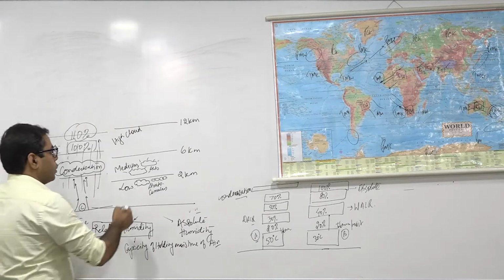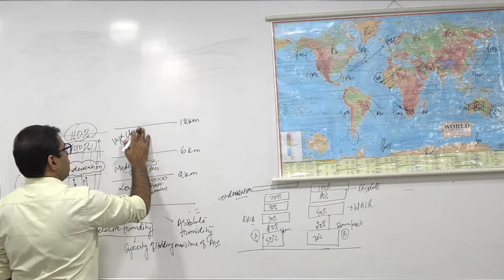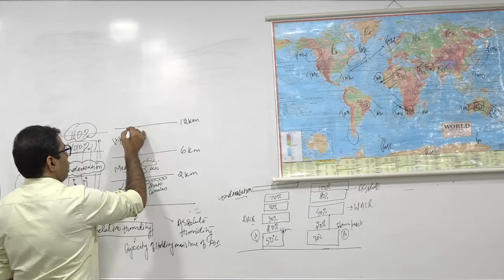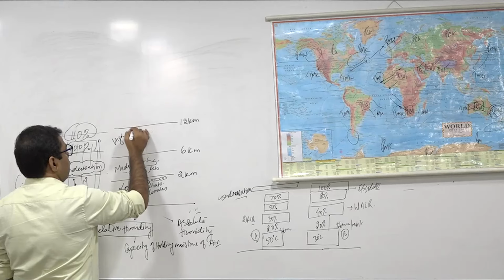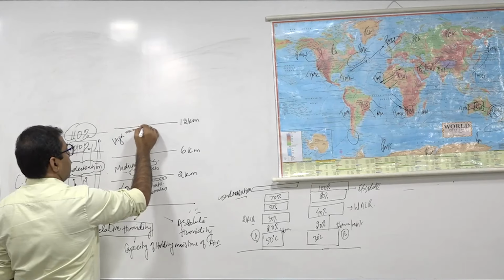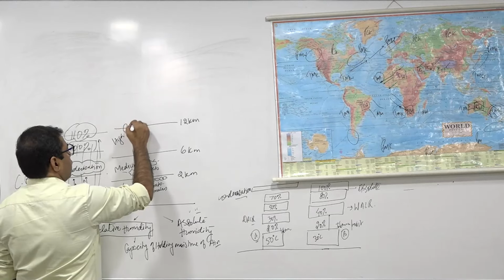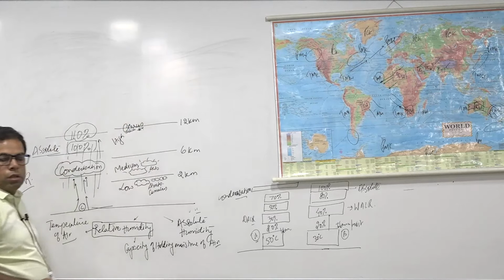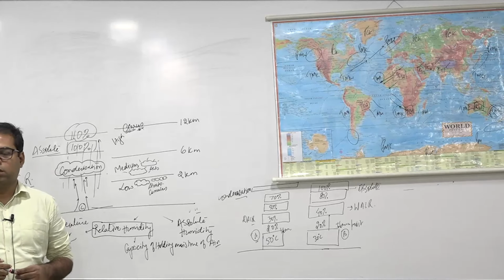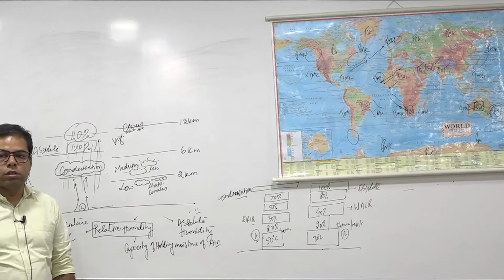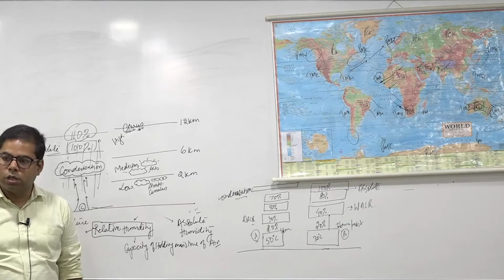Right? When the clouds have very little moisture in a scattered state, this is called cirrus clouds. Right? Cirrus clouds. Okay?